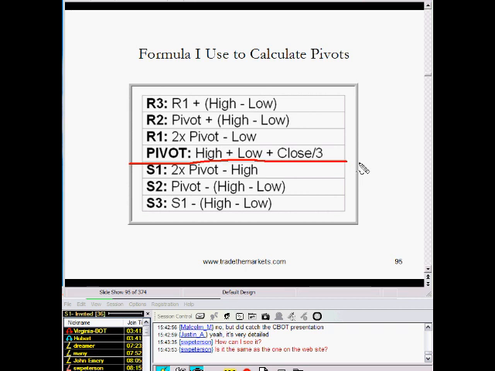Then I calculate R1. I take the pivot times 2, subtract the low, and I get R1, which is resistance 1. Pivot plus the high minus the low gives me R2, which is resistance number 2. And then R1 plus the high minus the low gives the resistance 3.